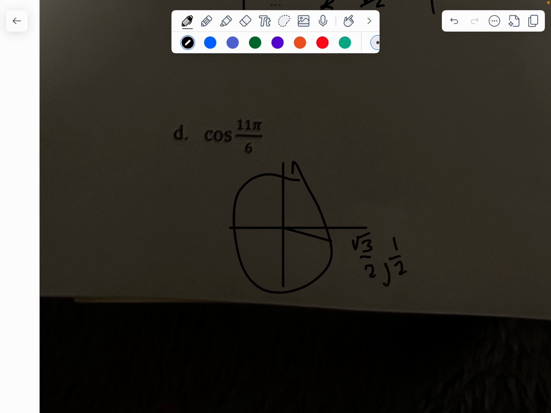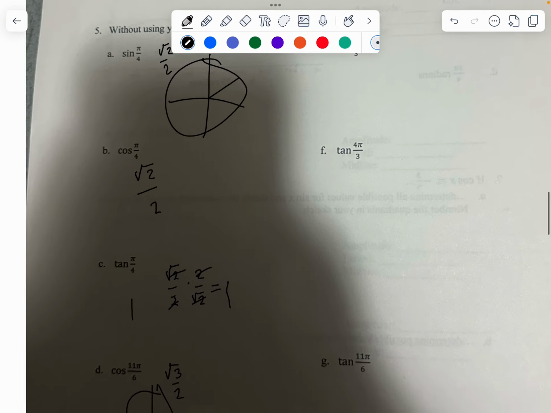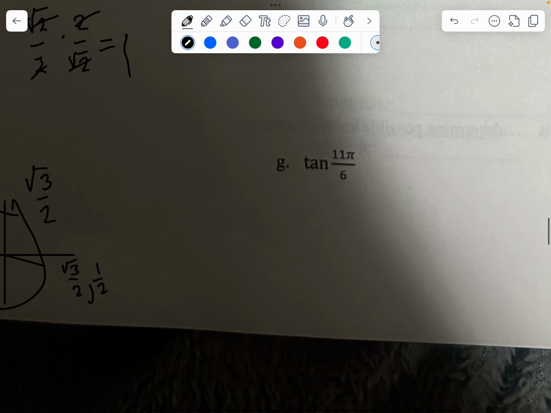So it's going to be root 3 over 2. That's sine for that one. No, that's for tangent though. 1 over 2 times 2 over root 3. Cancel the 2's. Tangent of 11 pi over 6 is 1 over root 3.